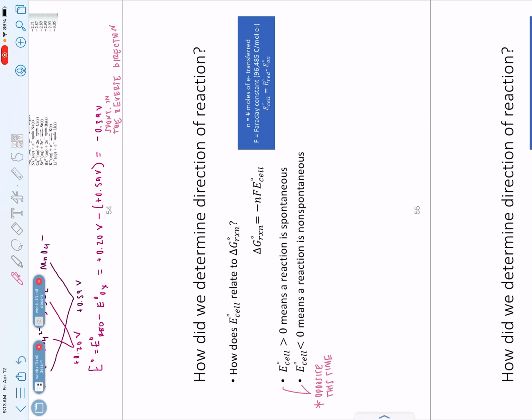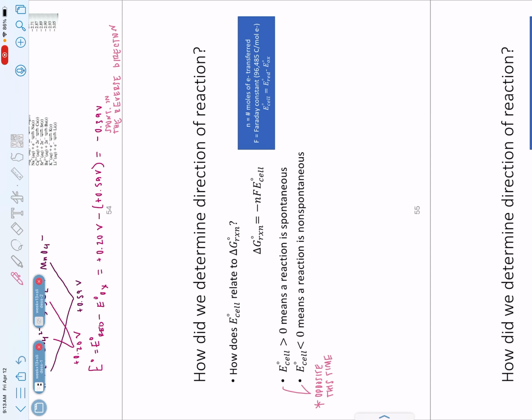It's the only F there, and hopefully when you're done with your exam, it will still be the only F on your exam. Right? So, that's the Faraday constant. N, on the other hand, is almost always reserved for talking about the number of moles. This is what now allows us to take a process where we don't care about coefficients and make it now related to something like delta G, where we do.